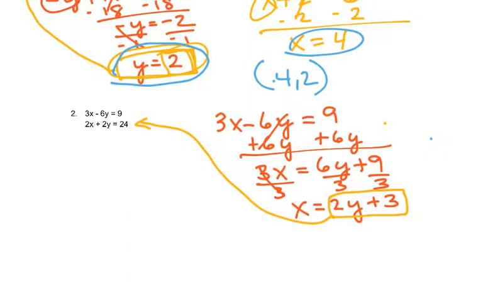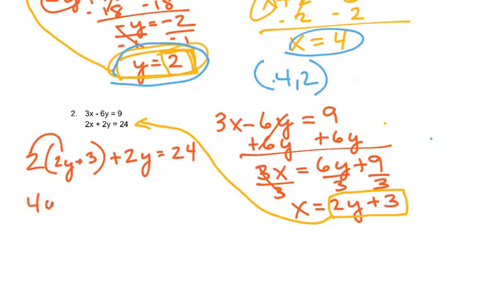I'm going to take 2, and x is equal to 2y plus 3, so I'm going to plug in 2y plus 3 where I see my x, plus 2y equals 24. Remember we have to distribute, so 2 times 2y is 4y, and 2 times 3 is 6, plus 2y equals 24.